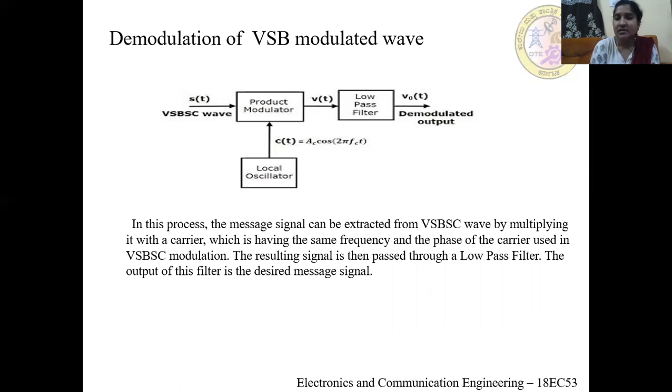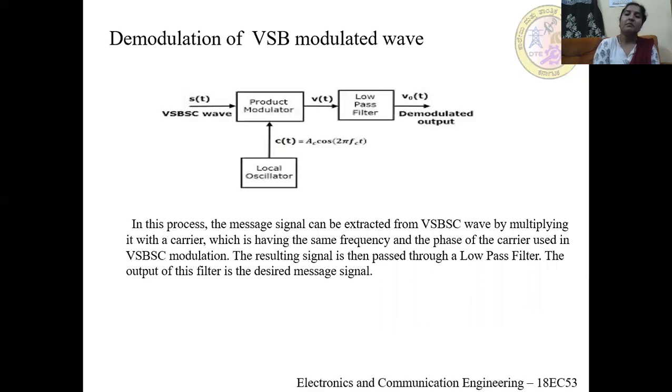So in this process, the message signal can be extracted from the VSB-SC wave by multiplying it with a carrier which has the same frequency and phase as the carrier used in VSB-SC modulation. The resulting signal is then passed through a low pass filter. The output of this filter is the desired message signal.